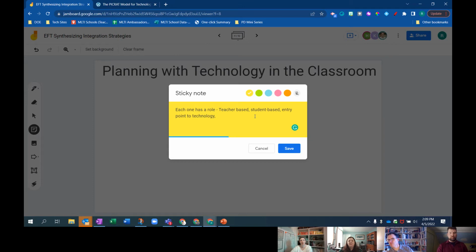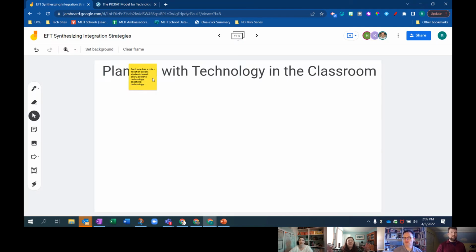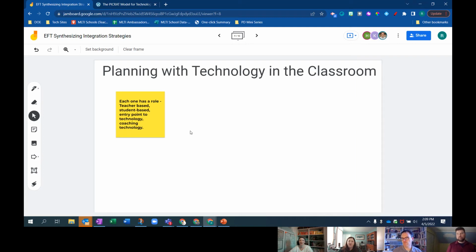So I might use that TIM matrix. If I'm looking, like you said, to get a big picture, maybe I use SAMR or the PICRAT. But if I want to get really focused on a particular unit, then I think the EEE is where you go. So it's about choosing the right tool for whatever task you're doing, which is really the crux of integrating technology in the first place. Choosing the right tool for the right task.